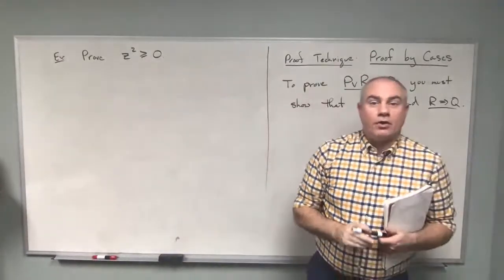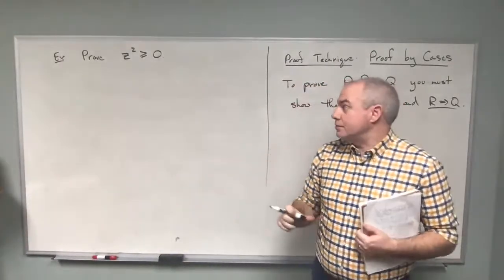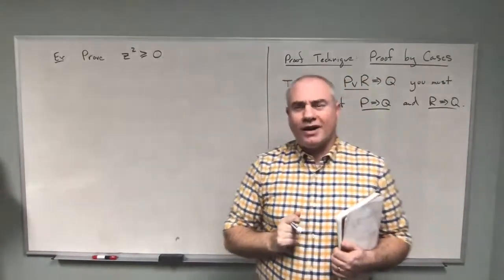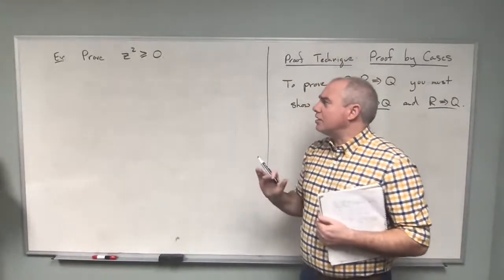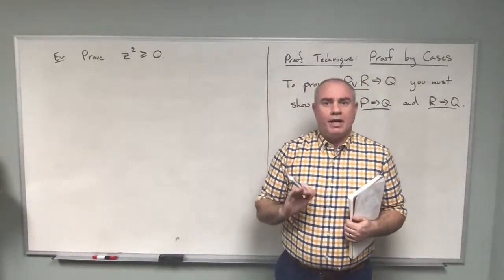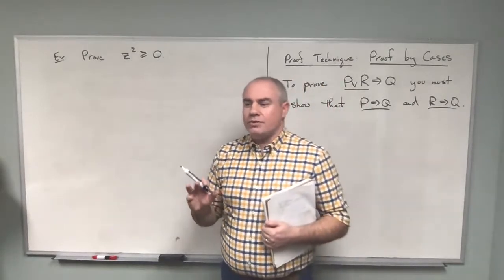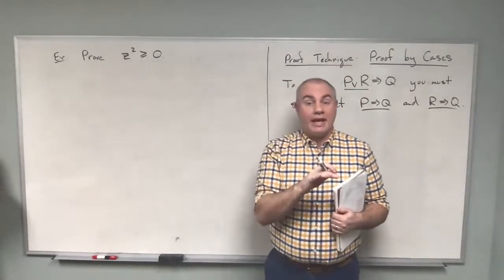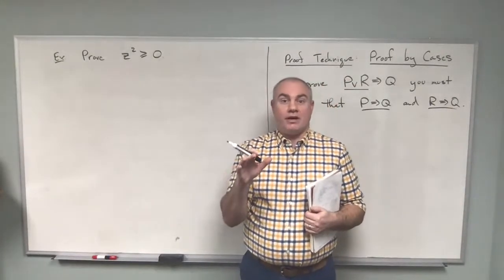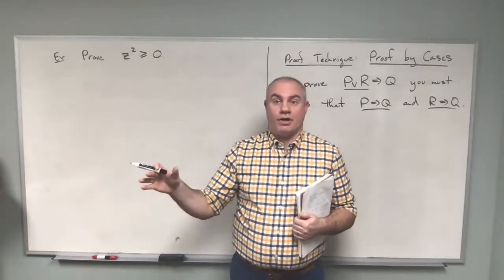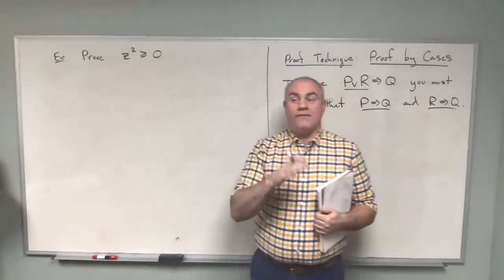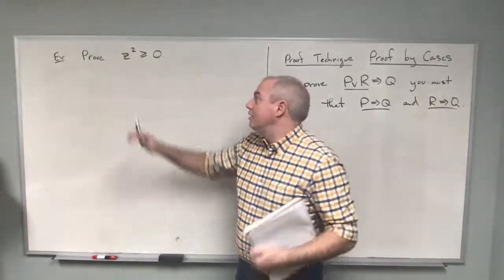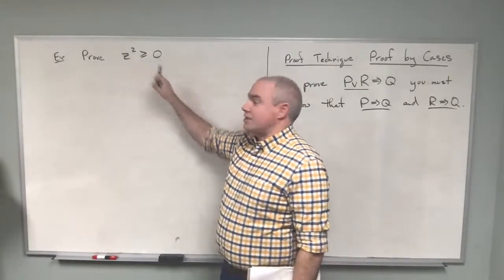No matter what real number we choose, if we square it, that number is greater than or equal to 0. Well, this doesn't look like a proof by cases problem, but it is, because I want to say, well, z can be different things. It could be a negative number. It could be 0. It could be a positive number. So it's kind of like I'm starting with: if z is negative or z is 0 or z is positive, z squared is greater than or equal to 0.